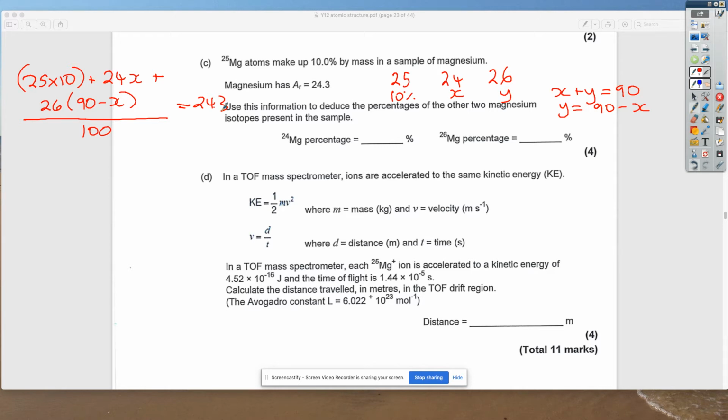So then I can write 250 plus 24x minus 26x plus, and that's where I'm going to have to use my calculator because I can't remember what the answer to that bit is. 26 times 90, 2340.